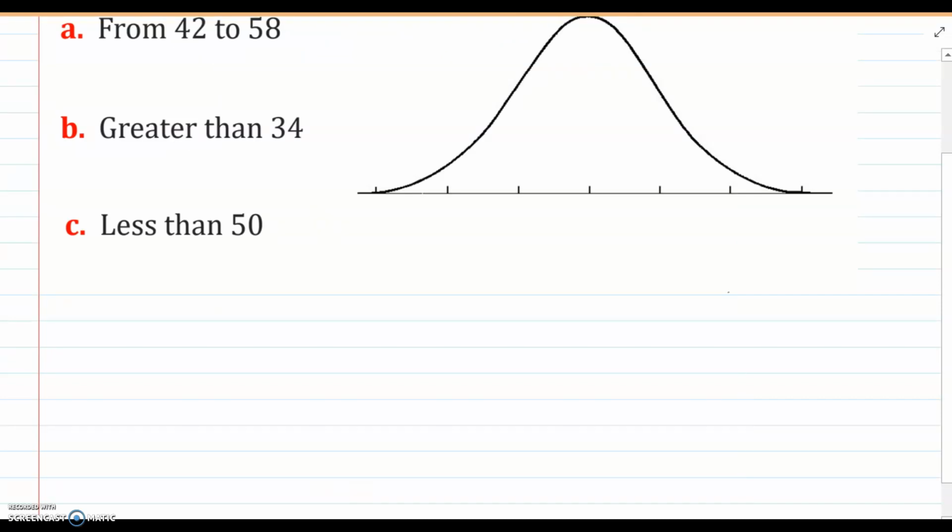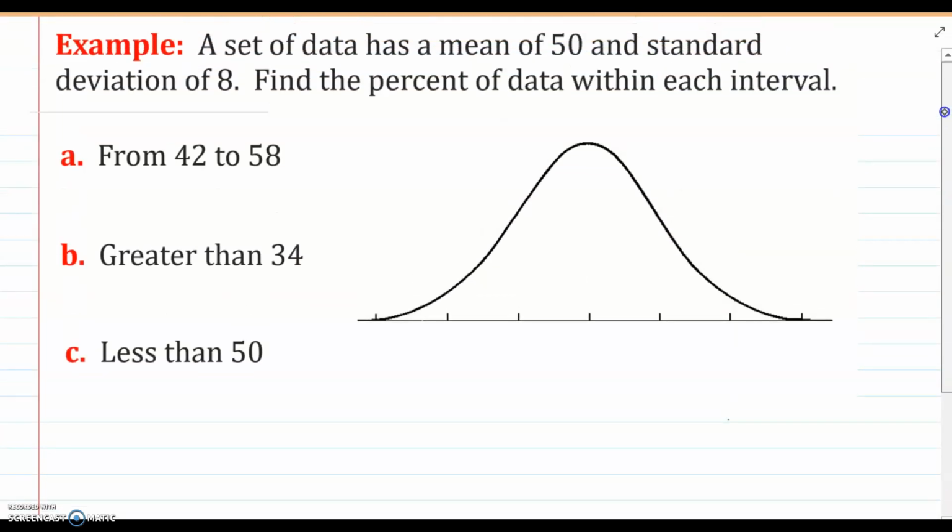There's going to be when we're applying our percentages a little bit better. So it says, I've got my data that has a mean of 50 and standard deviation of 8. So I can right away immediately start filling stuff in. 50, standard deviation of 8 is going to get me values like this. And going down by 8 is going to get me down to there.